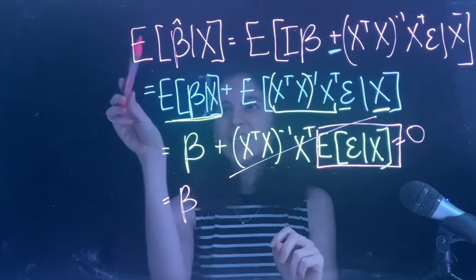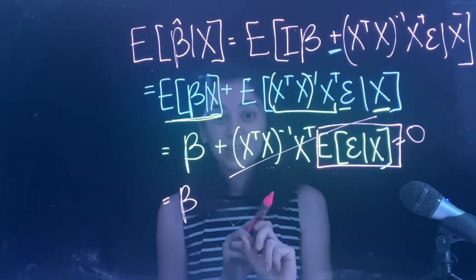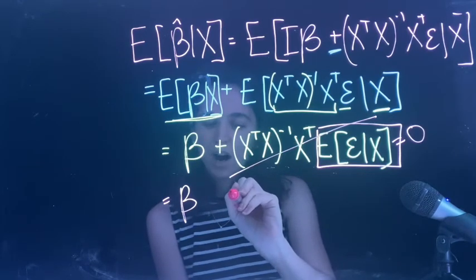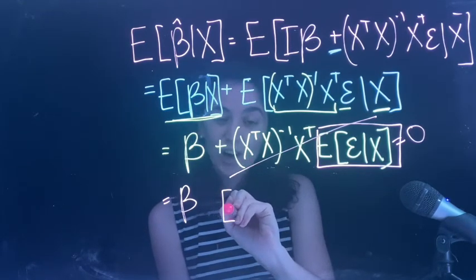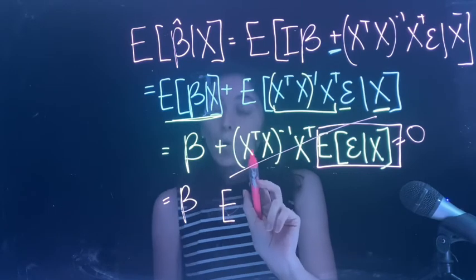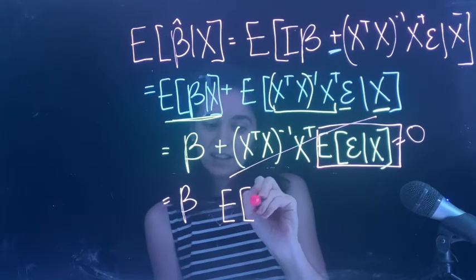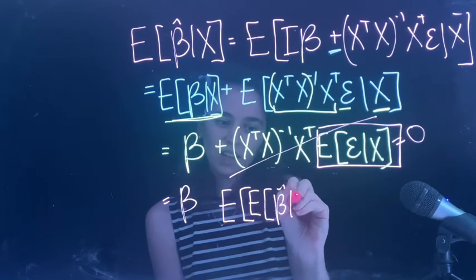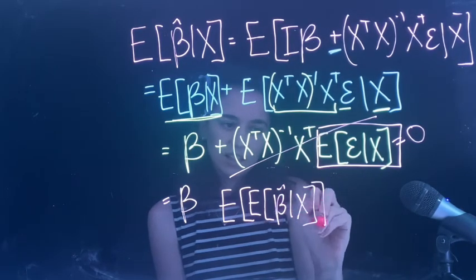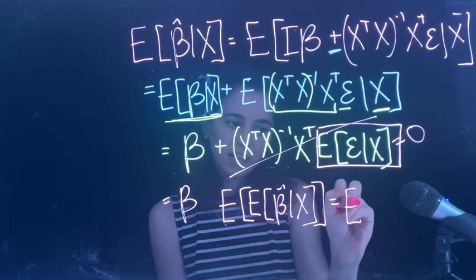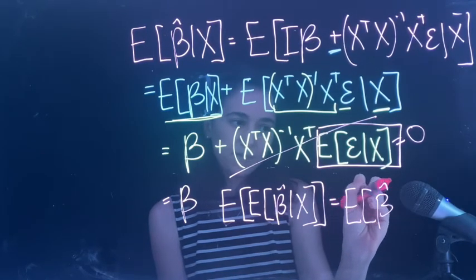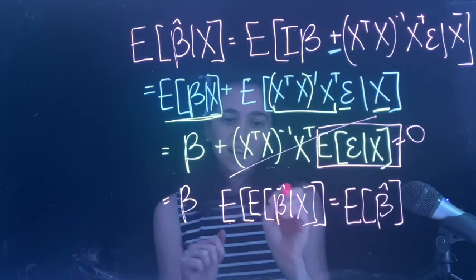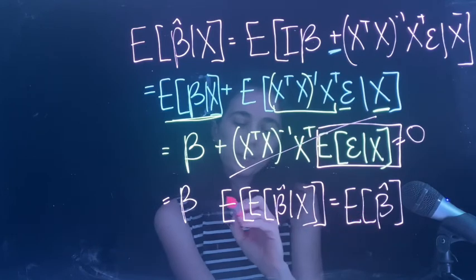So there you have it: the expectation of beta hat given x is equal to beta. Now, using the law of iterated expectations, or the law of total expectation, we know that the expectation of beta hat given x is going to be equal to the expectation of beta hat, which is the thing we're interested in. By this rule, we can do this iterated expectation.